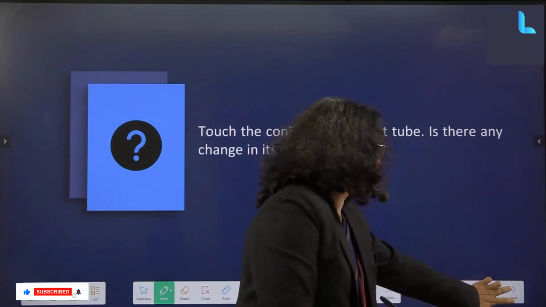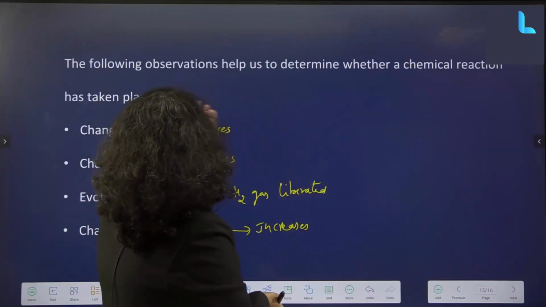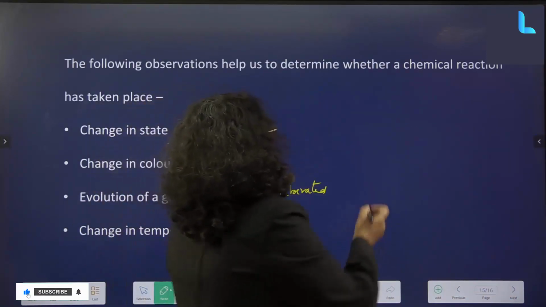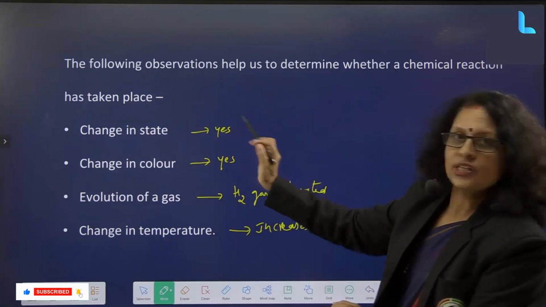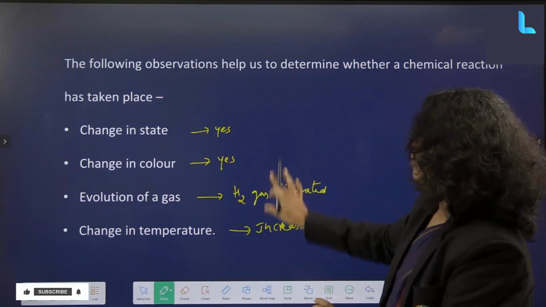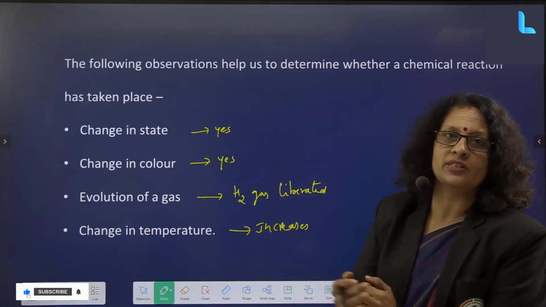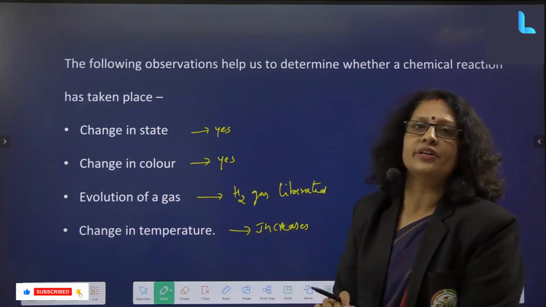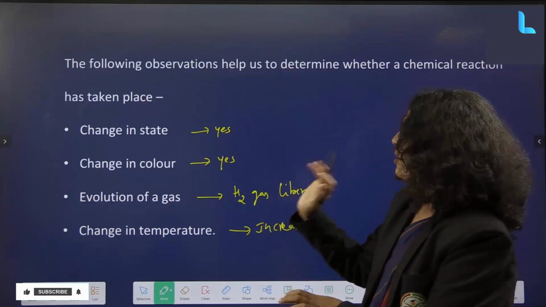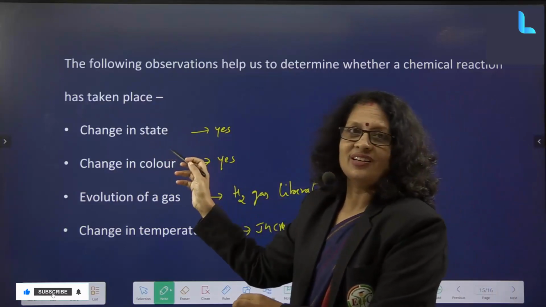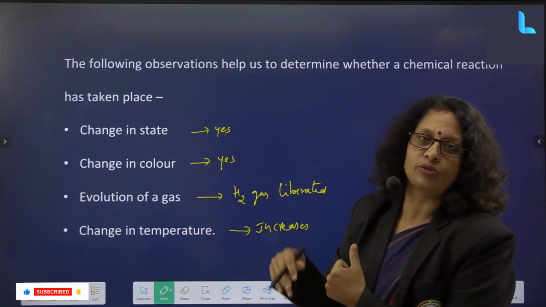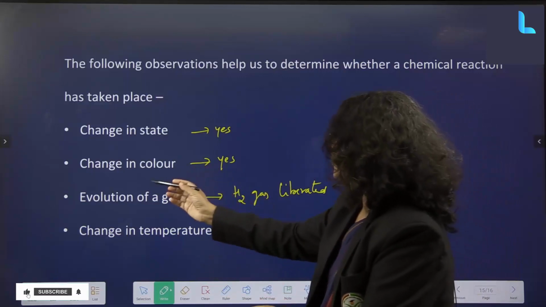Okay, then we follow the following observations to determine whether a chemical reaction has taken place. We will take an example of the same experiment where zinc granules are treated with sulfuric acid. So what did we observe? Change in state. Yes, because zinc granules converted to zinc sulfate. Then change in color.